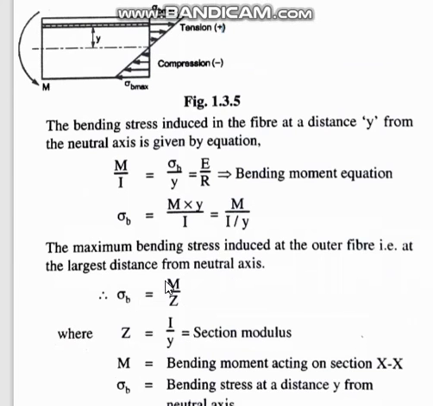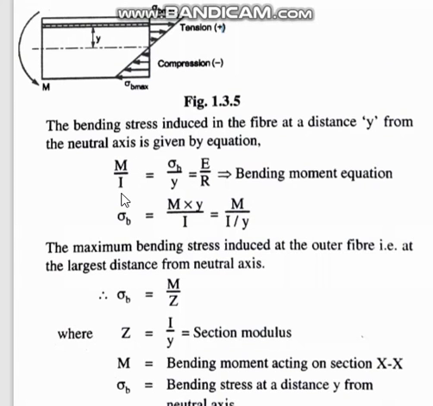This is the all-important equation for determining the bending stress. It is called the bending equation, and these three terms are there: M upon I is equal to sigma B by Y is equal to E by R. M is the bending moment.